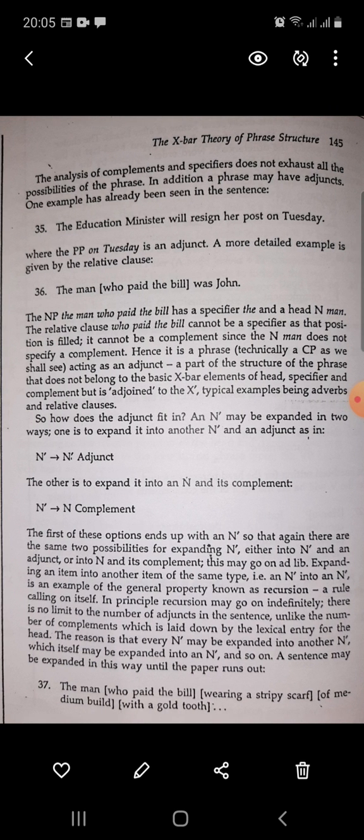In the same way he gives us an example of adjunct. So a noun bar consists of a noun bar and an adjunct, and a noun bar can also have a noun N and a complement. Fine.